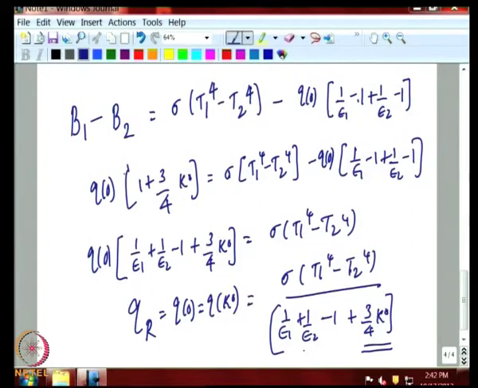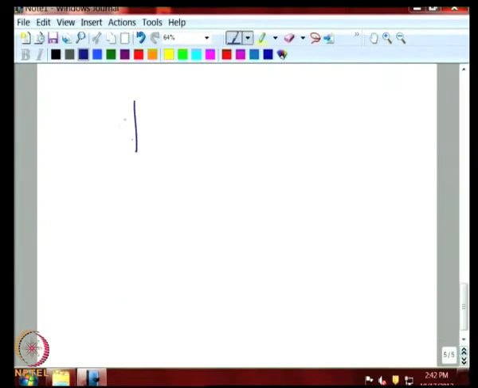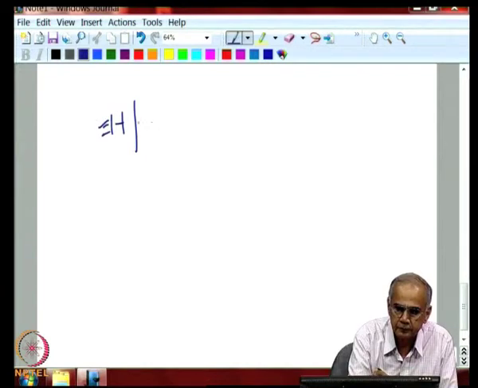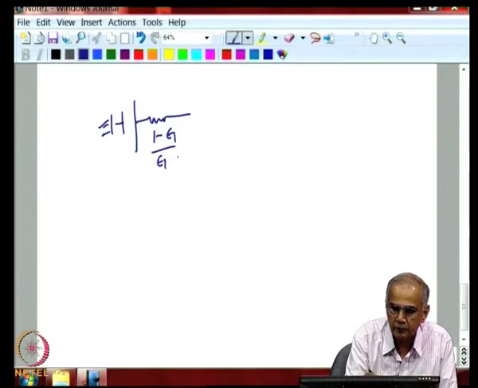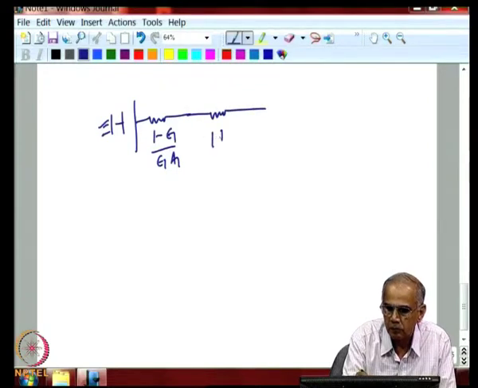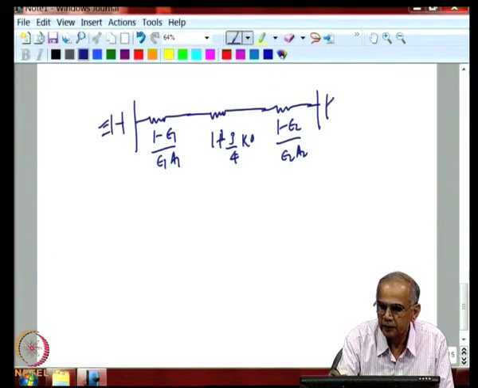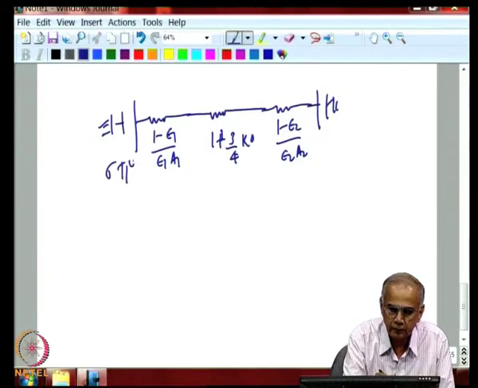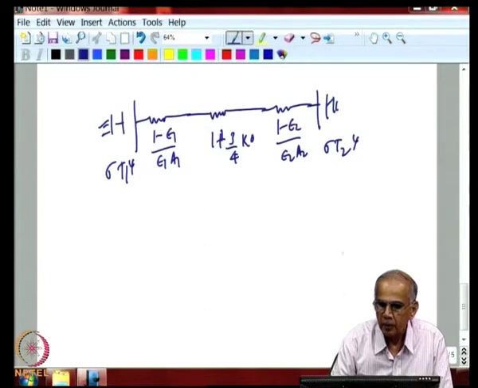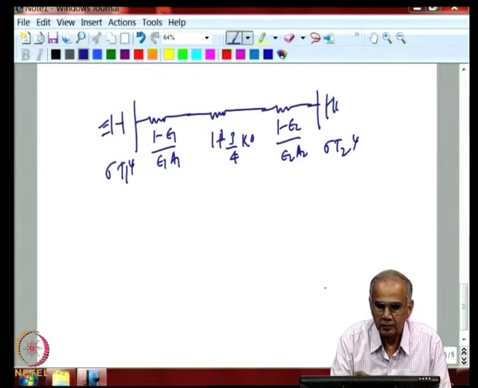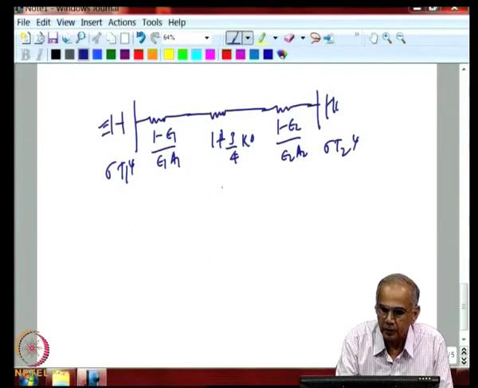And this is best understood in terms of resistance analogy. So, you can see clearly that there are two surfaces. You can call this now a gas resistance.